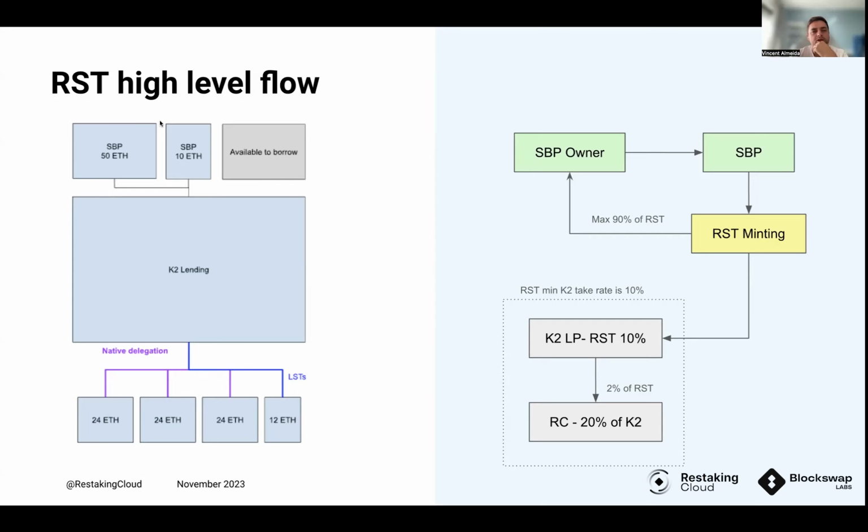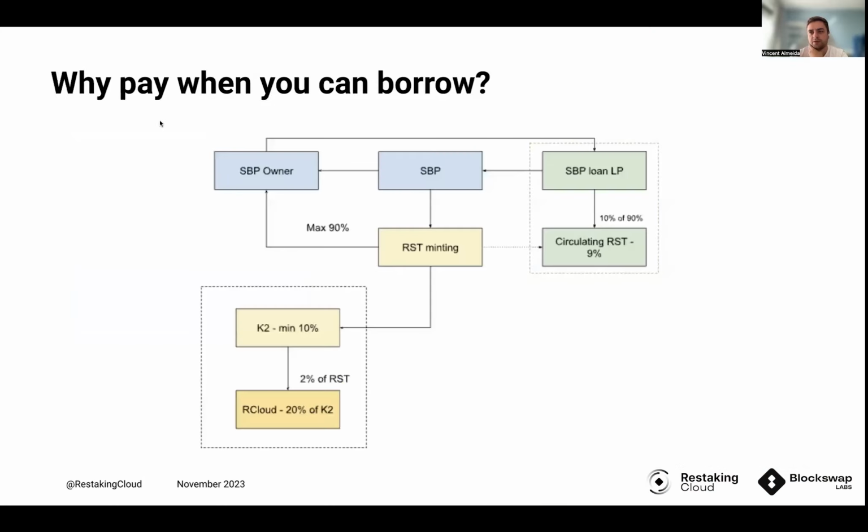But what about the opening of an SPP, right? You have to pay a utilization fee to use that restaked ETH. But what if someone is ready to lend you that money? So why pay it yourself as an SPP owner if someone can pay you for it?